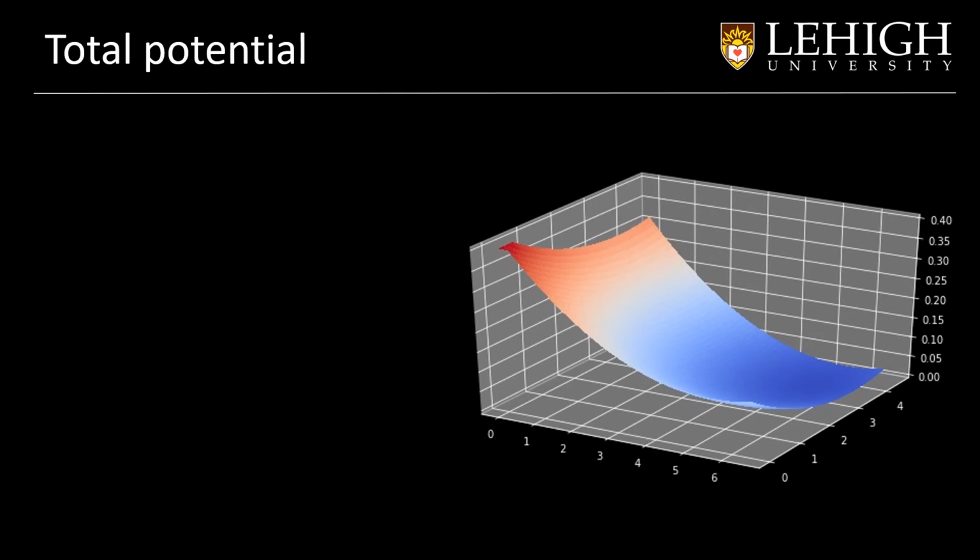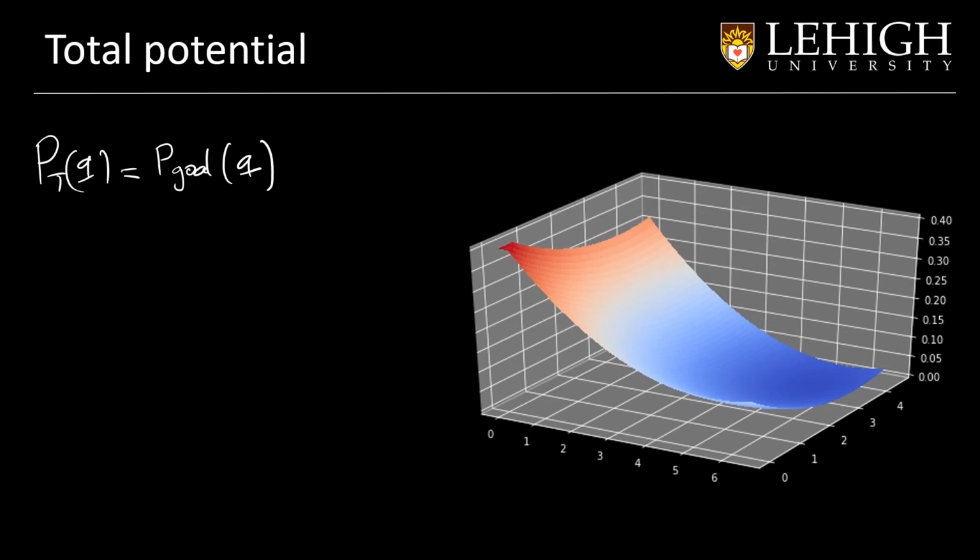Now we need to study the total potential. We will take into account the goal and the obstacles. So for any position in the space, the potential function will be equal to the potential of the goal, and if we see here, this will be a ball, right?